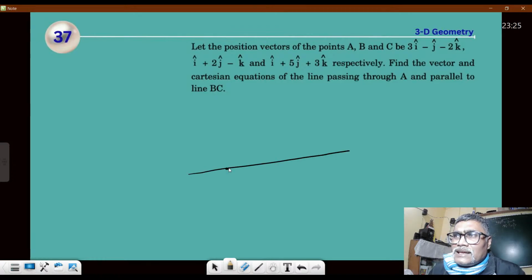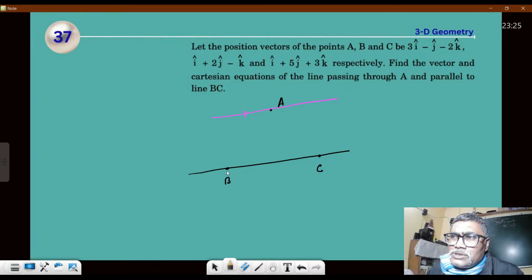Suppose this is the line passing through the points B and C. Their position vectors are known to me, and this is the point A. I have to find a line through A which is parallel to BC. They're asking you to find this only, right? So is it not a direct problem? Once you confirm it in the form of a figure, it's a very, very direct question.